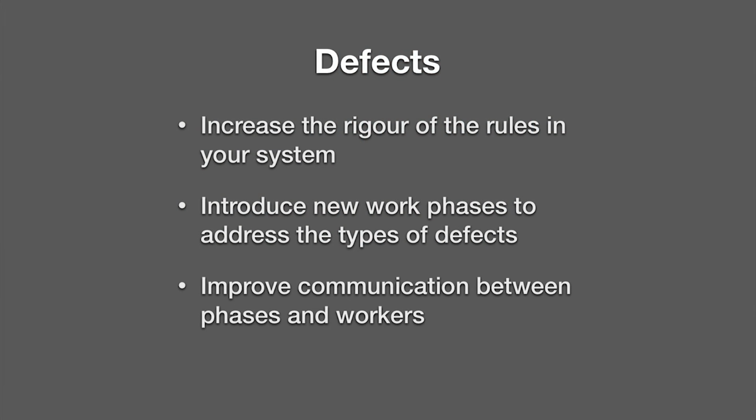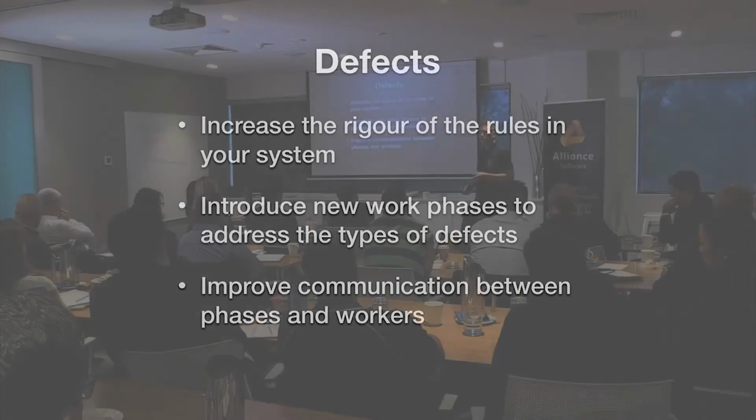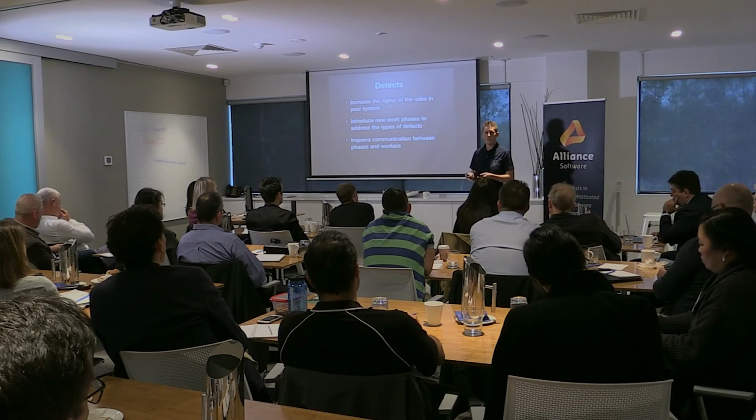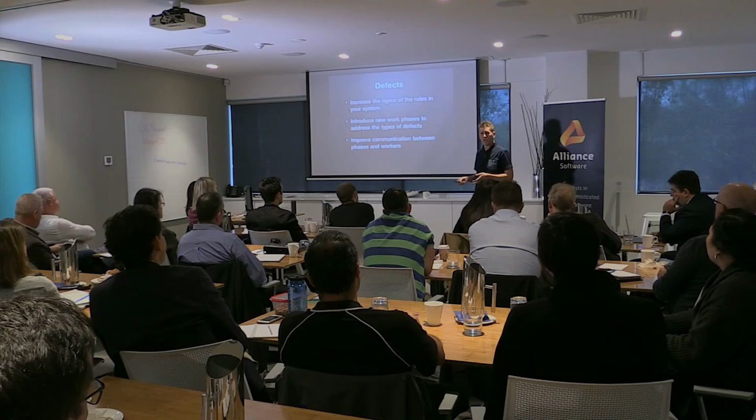And improve communication between phases and between workers. When you're working with complex features that have to pass between multiple people doing different tasks, the more separated they are and the fewer opportunities they have to communicate between each other, the more error-prone things become. If you only allow people a single chance to talk, then that requires them to have everything covered in that one conversation. They have to have thought through all the edge cases.